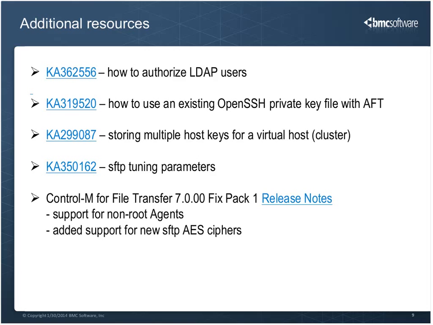It adds support for non-root agents, which is pretty important, and added support for a couple of new AES SFTP ciphers. We've seen that some new versions of operating systems have dropped support for old SFTP ciphers, and for AFT to be able to connect to those operating systems, you'll need the fixback with the new ciphers.